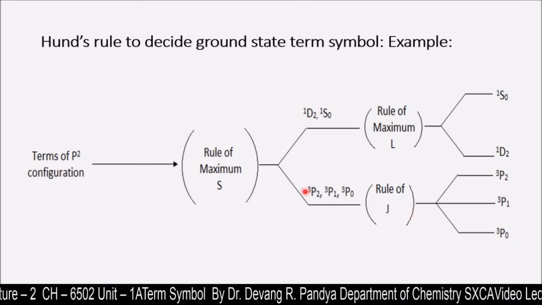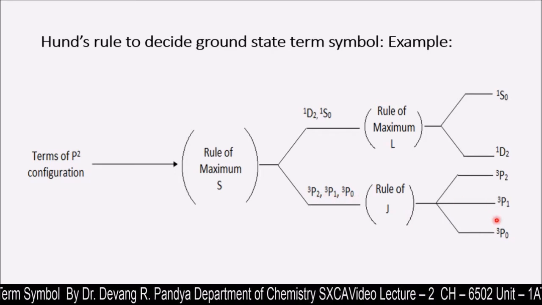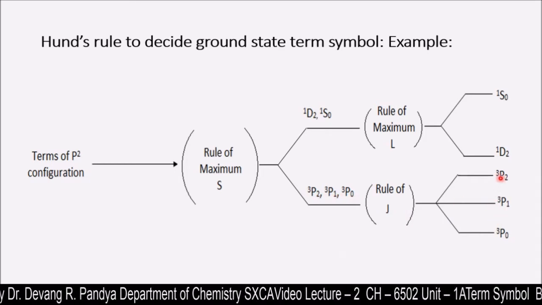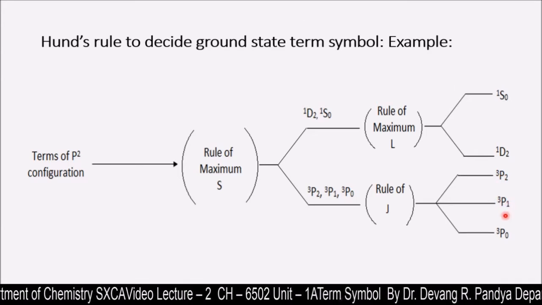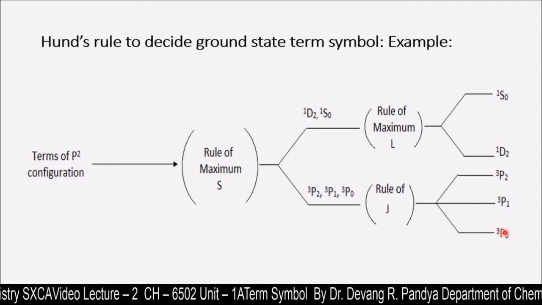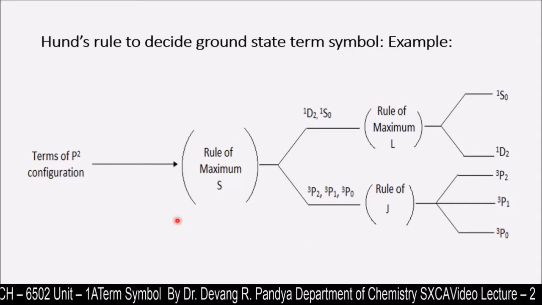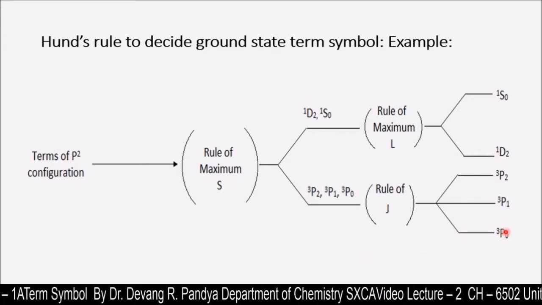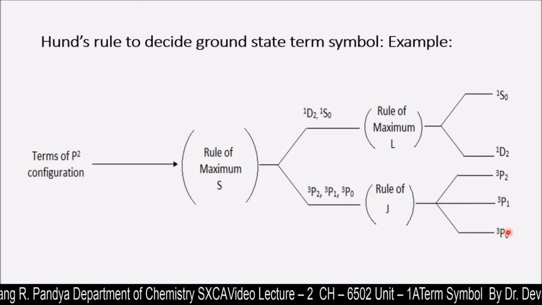So we can arrange according to the value of J, 2, 1 and 0. That means triplet P2 is higher energetic, triplet P1 is lower energetic, and triplet P0 is the lowest energetic. Hence, it is the ground state term symbol for P2 configuration. It is the ground state term symbol for the carbon element as well.